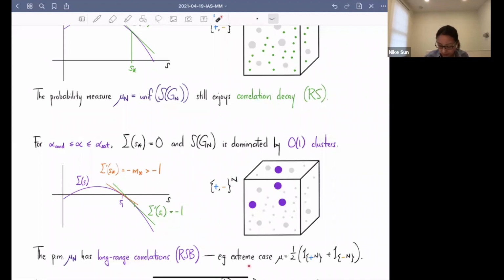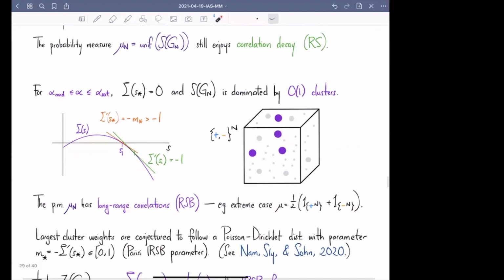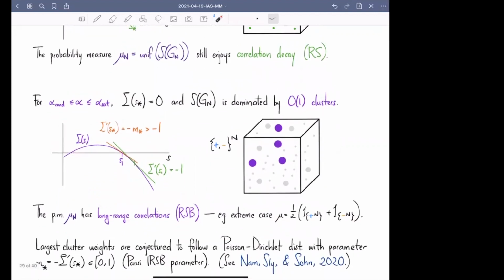This is the extreme case, but because you have a bounded number of clusters, some version of this will be happening once you're in this regime. So you will have long range correlations. More is predicted.